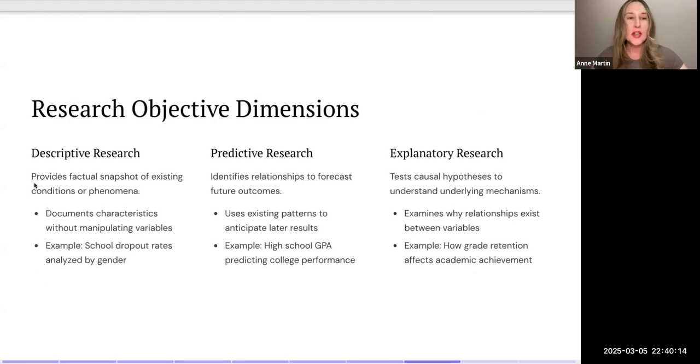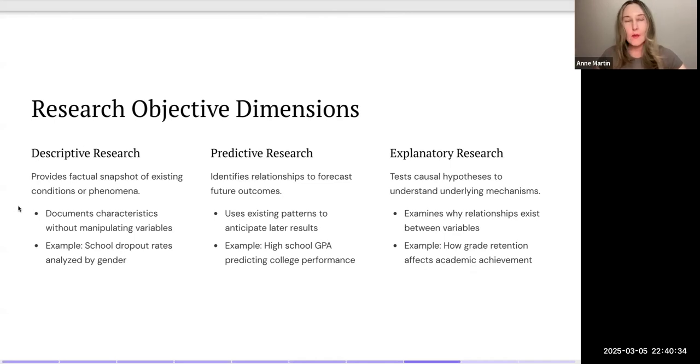And then the other dimension has to do with the research objective or the research purpose. And so this goes back to the beginning chapters talking about the different purposes for educational research. And when you write a research proposal, in your introduction to your research proposal, you want to talk about your research purpose.